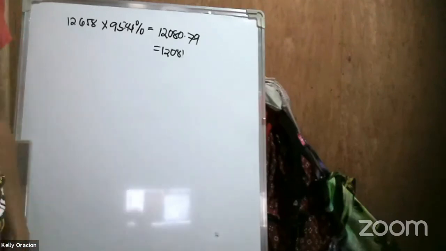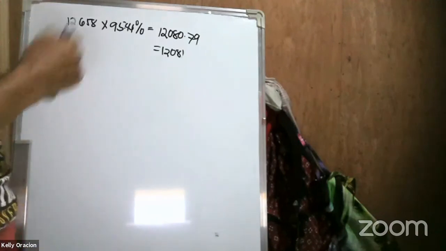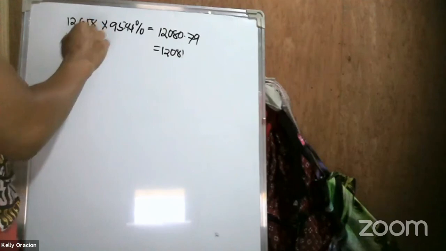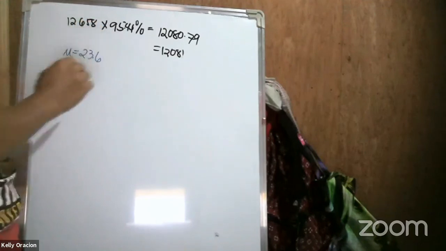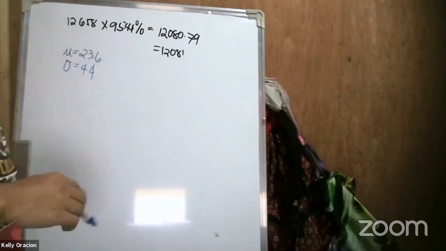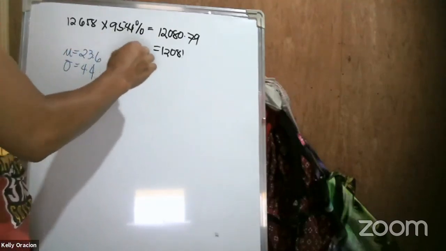Now, for problem number 2, we have here the mean is 23.6 and the standard deviation is 4.4, and we are going to determine whether this x is 33.1.